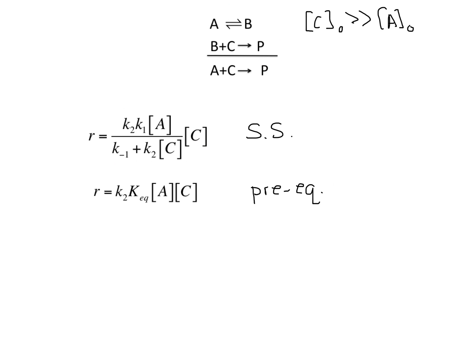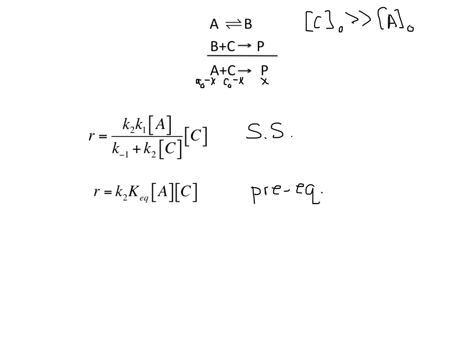So if I start with A naught of A and C naught of C, and I make X amount of P at any given time, then I will have used up X amount of C and X amount of A. The maximum value of X is A naught. I can use up all the A naught.